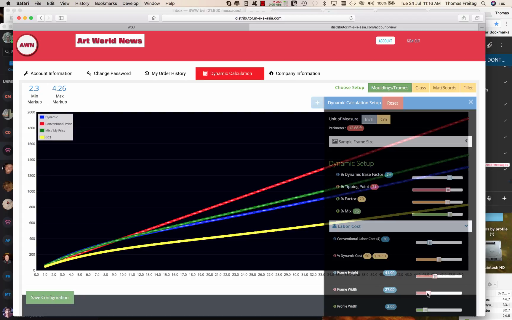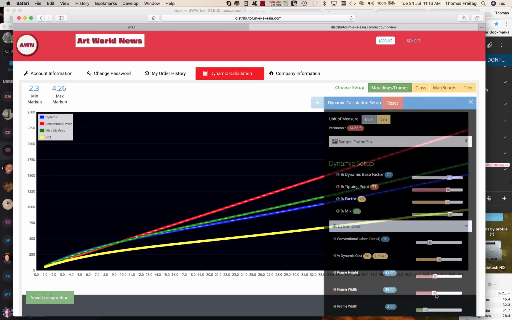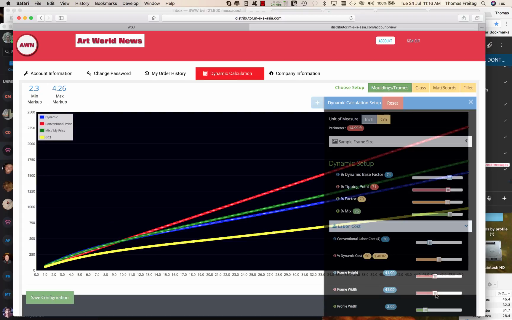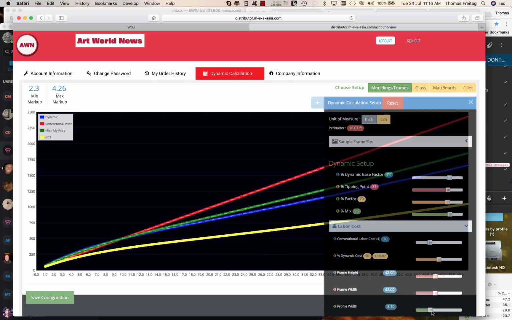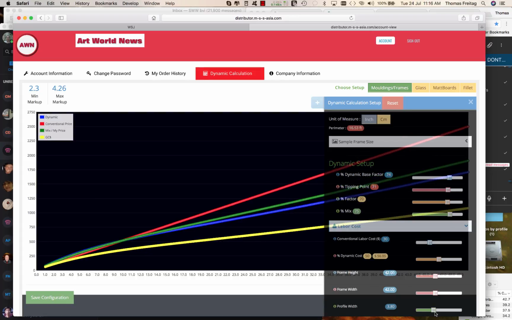If you make a really big frame like a 42 by 42, with the same 2-inch molding, your dynamic labor costs go to $40. If you make this 42 by 42 with a 4-inch molding, you can see your dynamic labor cost, your basic price, goes to $57.